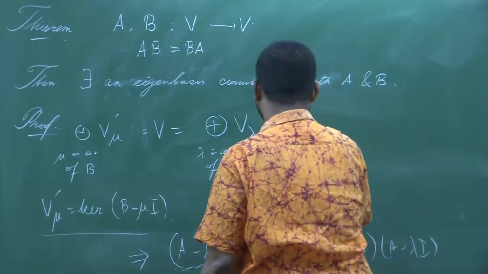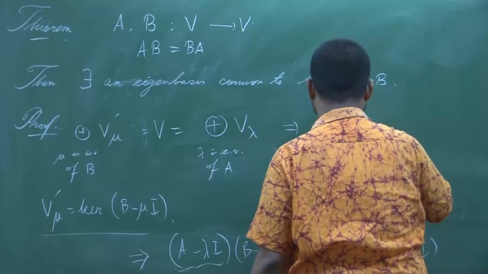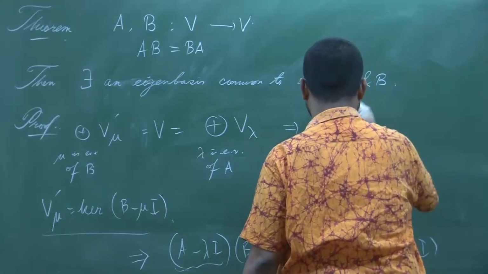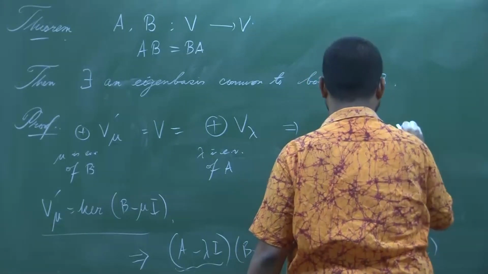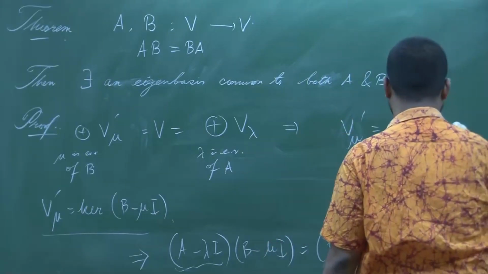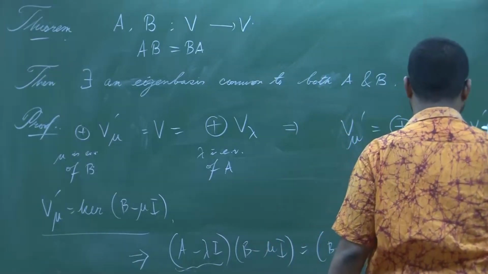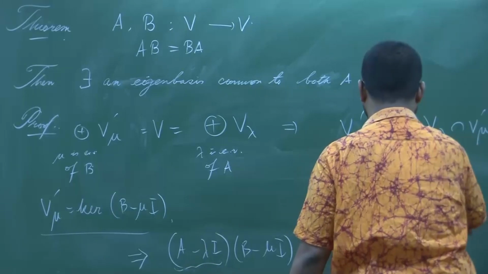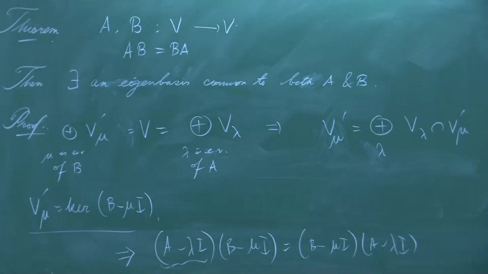So, therefore, it shows that V_lambda_mu is nothing but V_lambda intersection V prime_mu, where mu runs over the eigenvalues of B.